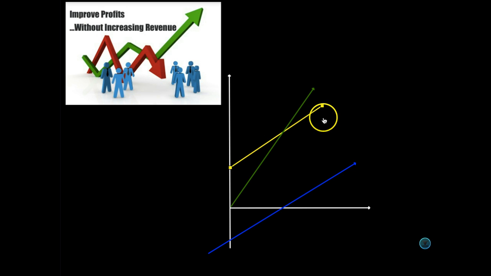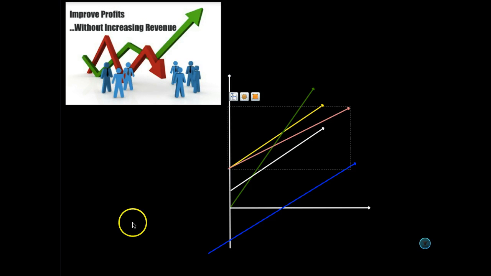Well, hopefully what you came up with is the only way to change profits without changing revenue is to change our cost equation. So our yellow equation is our cost equation. We can do a couple things with that. We can either take it and move it down, and what I've done is I've moved it down here.